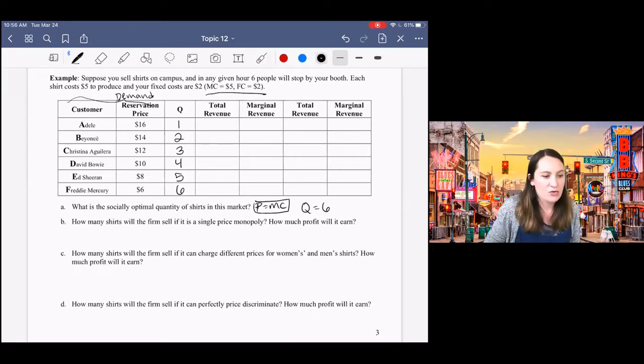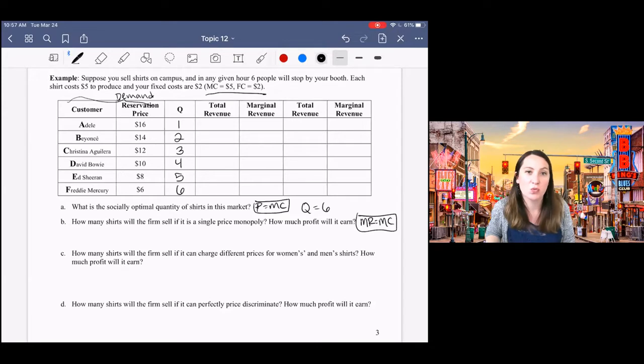So the next question is, how many shirts will the firm sell if this is a single price monopoly? So this is going to be similar to what we did in those graph problems earlier in this topic, where we calculate marginal revenue, then we produce as long as marginal revenue is bigger than marginal cost. Single price monopoly.